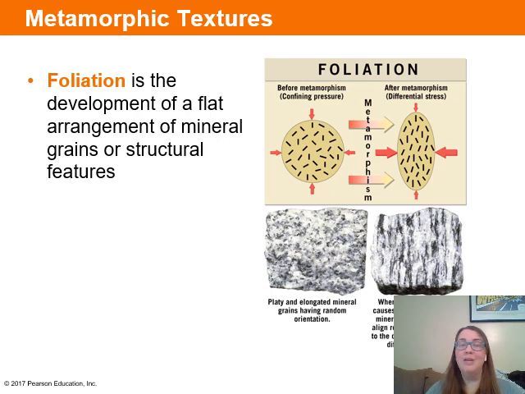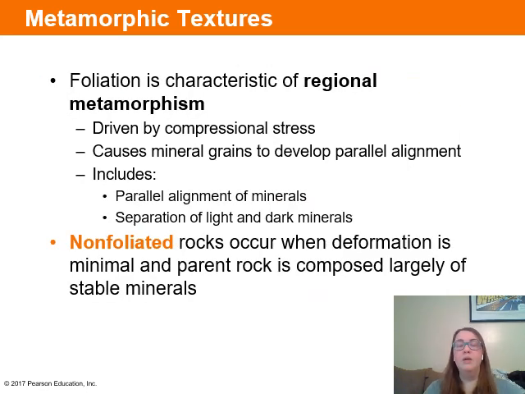So with foliation, it might appear like pages along the sides of a book, or if it's high-grade metamorphism, we're going to see these very clear bands of light and then dark-colored minerals. So we generally see foliation developing from that regional metamorphism, where it's happening from mountain building, and we're going to have a lot of differential stress involved.